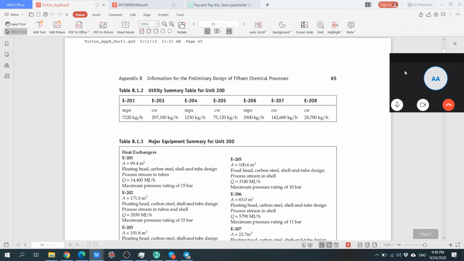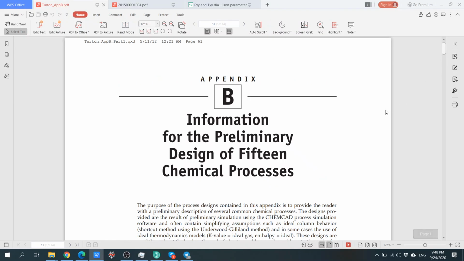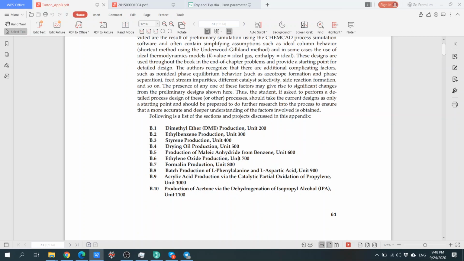So this is the book from Turton, Analysis, Synthesis, and Design of Chemical Processes. In Appendix B, they have 15 chemical processes that you can try on your own.